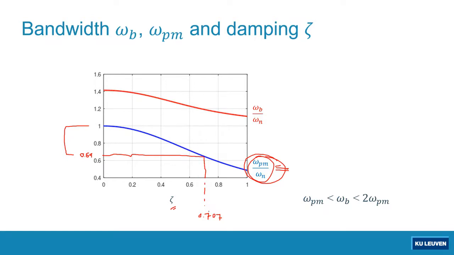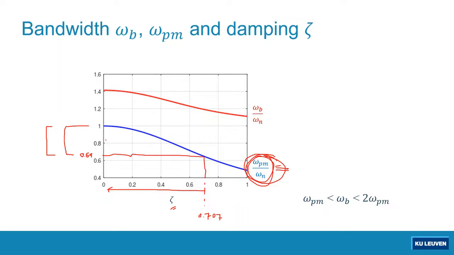So if we want zeta less than or equal to 0.707, that means the ratio between omega pm and omega n can be anything between 0.64 and 1.